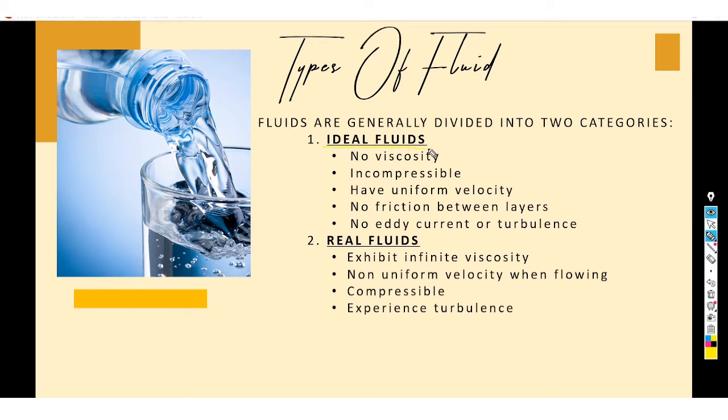Ideal fluids have no viscosity, they are incompressible, they have a uniform velocity, they have no friction between layers, and no eddy current or turbulence. So the biggest example I have here is water. Water is an ideal fluid because number one reason, incompressible ang tubig.